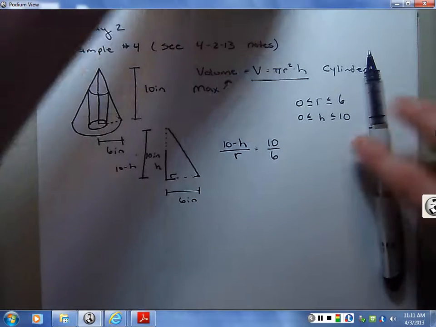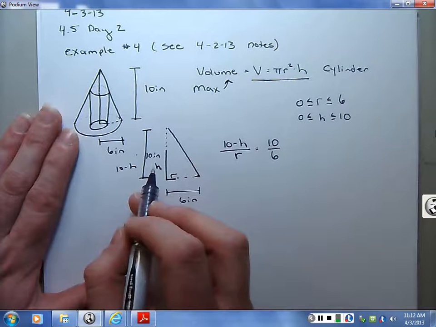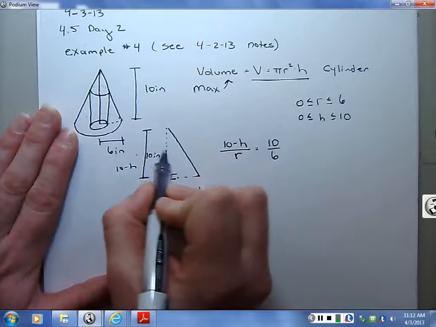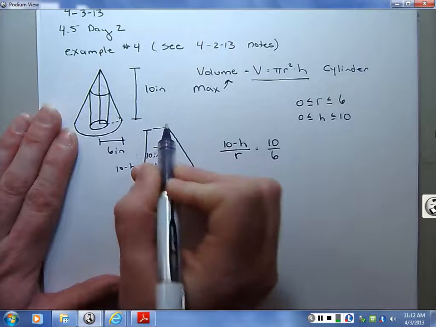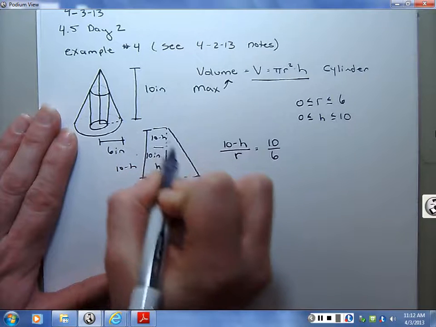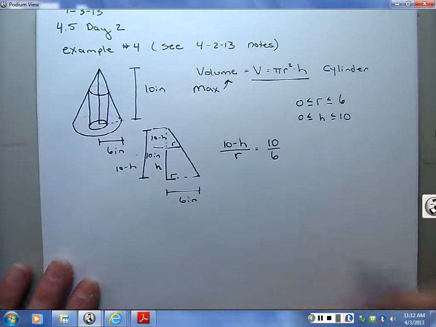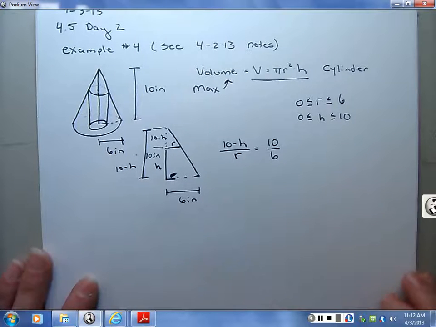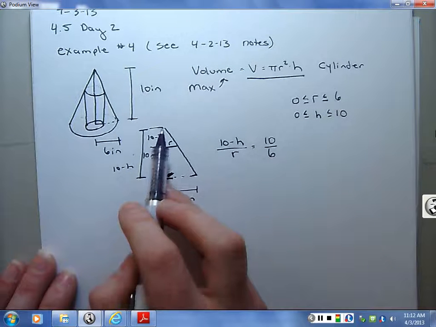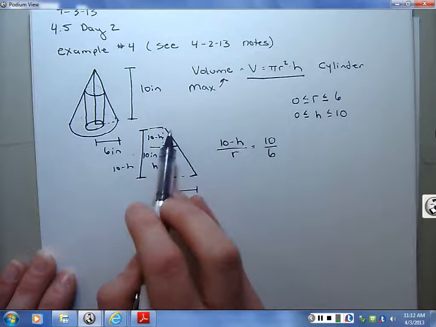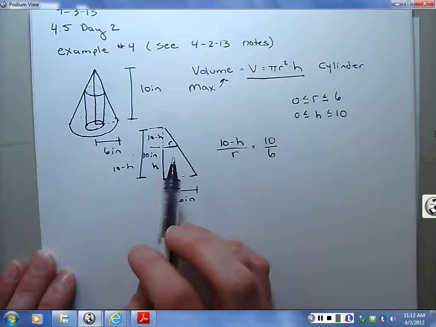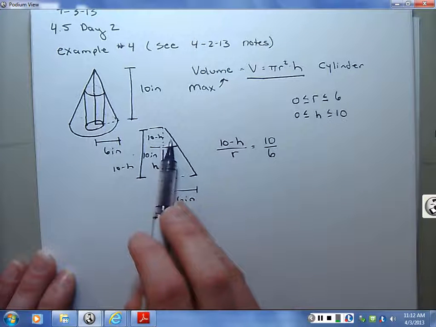Okay, so I want to set this up differently. So this distance here is h, and this distance here is 10 minus h. So this distance here is r. Right? So now I have the triangle up here. That's the smaller triangle that's similar to the bigger triangle. Right? Because this is not a triangle. That was my problem.